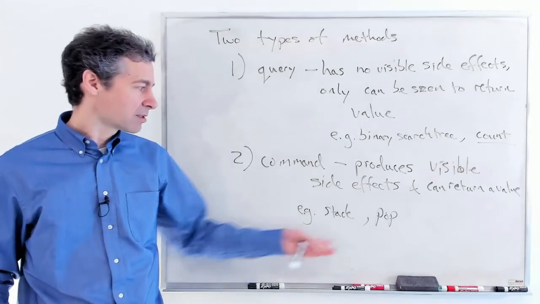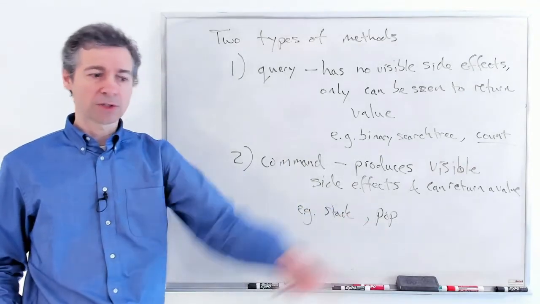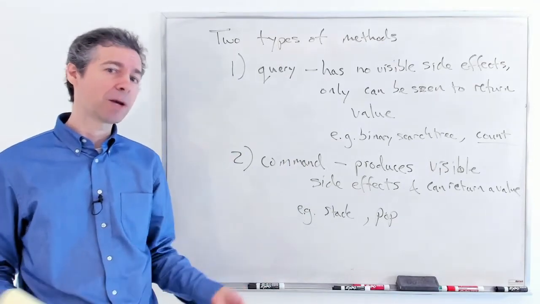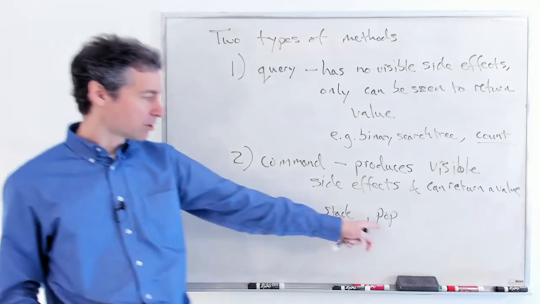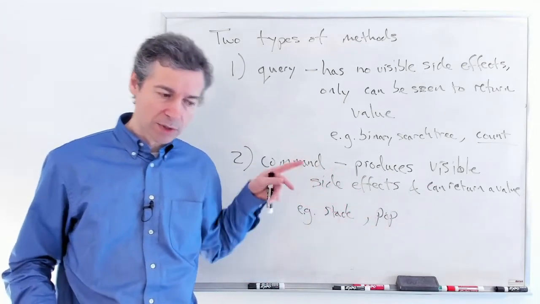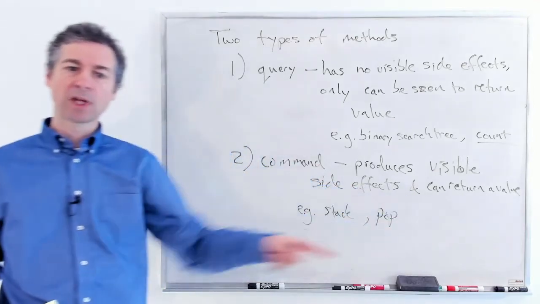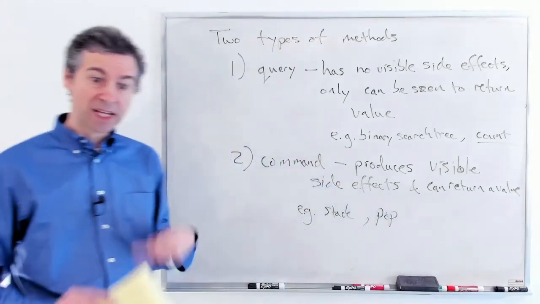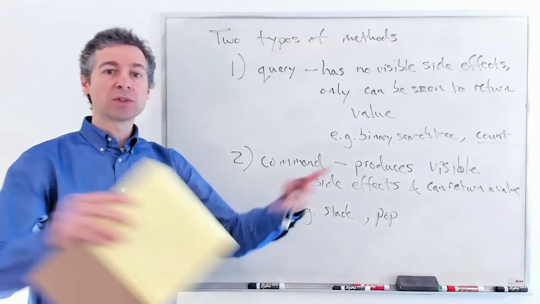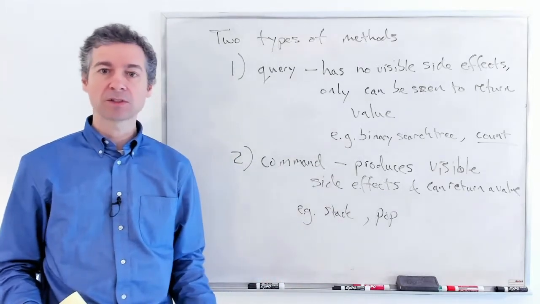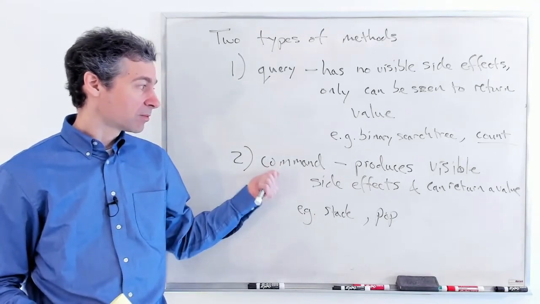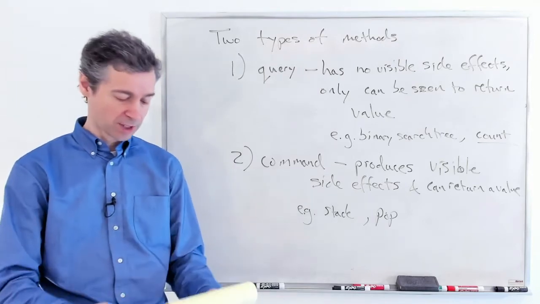That's an example of, we told you to do something. You could implement pop so it returns the value. Sometimes you implement pop so it doesn't, but you could certainly do that. But we were telling the object to do something with the whole intent and purpose that it will change the object, such that we will be able to notice that there is some actual change to the system for us. And those are called command methods.